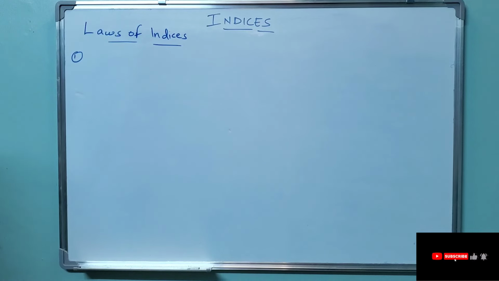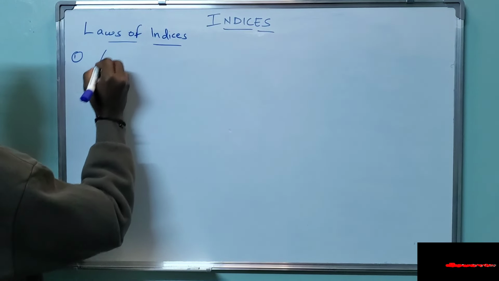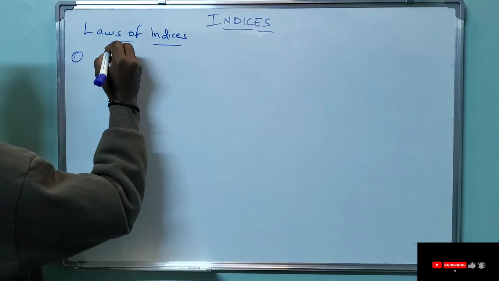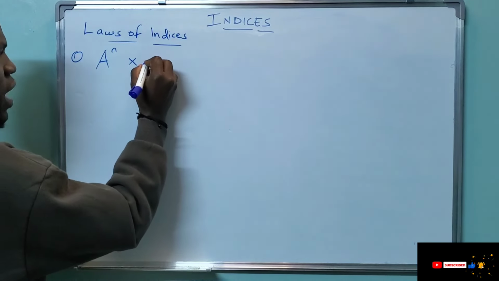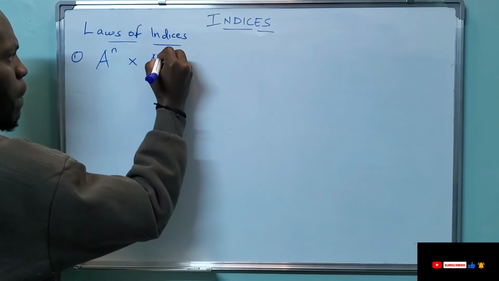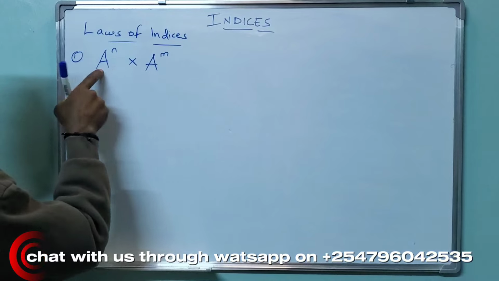Now, I'm going to use algebraic expressions to show those laws. The first law states that if I have a number a raised to a power n, and I multiply it with the number a raised to a power m, the bases have to be the same.